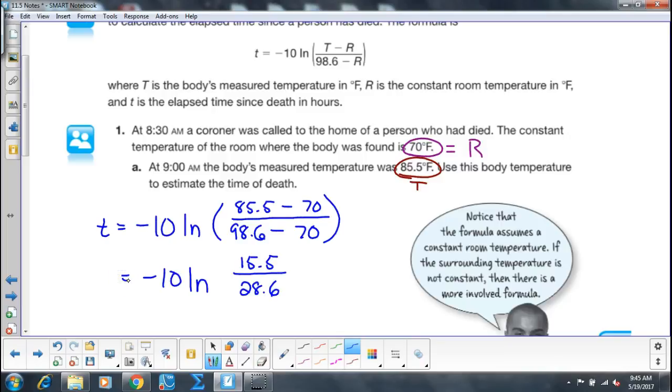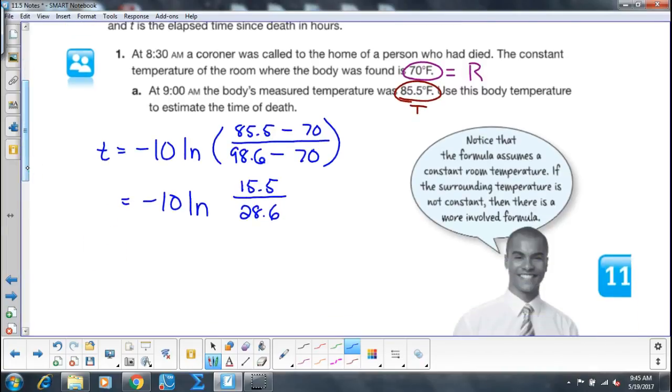So the natural log of 15.5 divided by 28.6 is negative, and that times negative 10 gets me a t-value here of 6.126, and that's going to be hours, right?